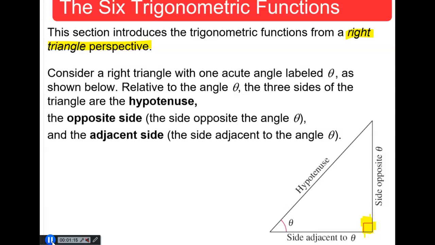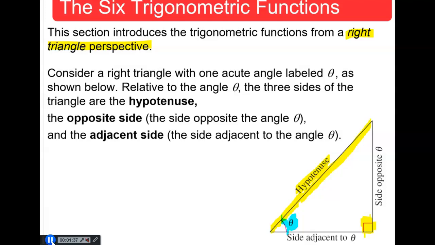And the side that is opposite to the 90 degrees is always the longest side of the triangle, and that is what we're going to refer to as the hypotenuse. So in this case, the angle in question is going to be theta, which we have here.